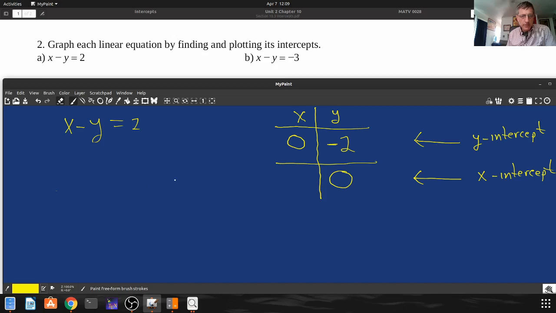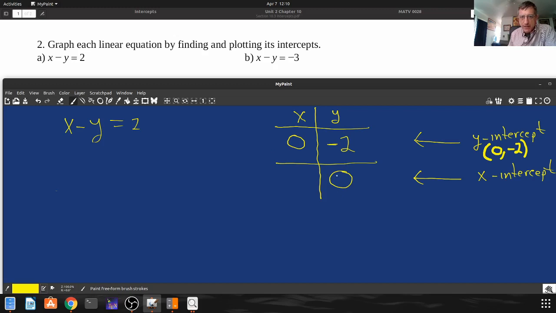Now we have our y value. So this tells me, before I go on, my y-intercept is the point. Here is going to be really important. We live in 2 dimensions now. These are points. They're not numbers, they're points. Our y-intercept is a point on the graph that has 0, -2. So now let's find my x-intercept.